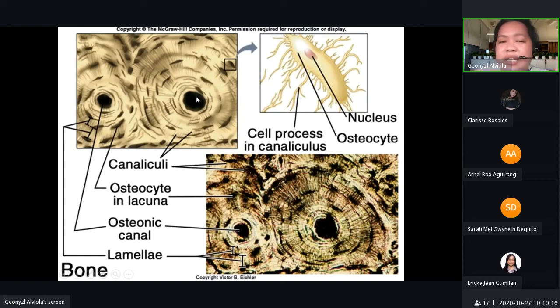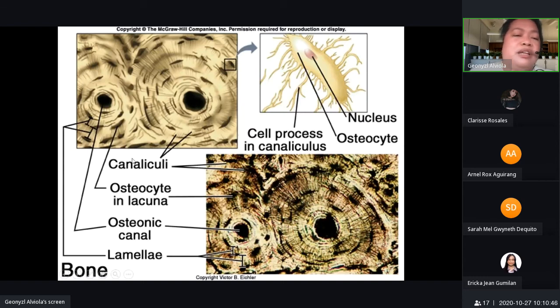And since the matrix is hard, how will these structures, the blood vessels and innervation, connect to the bone cell? With the help of these tiny root-like projections connecting from lacuna to lacuna or directly attached to the Haversian canal. This is called canaliculi.